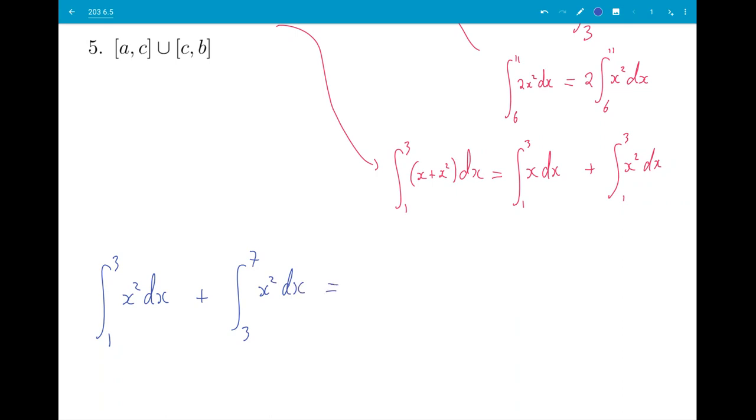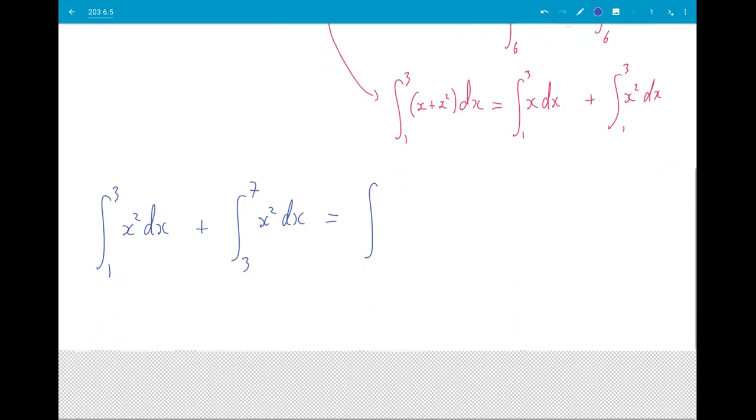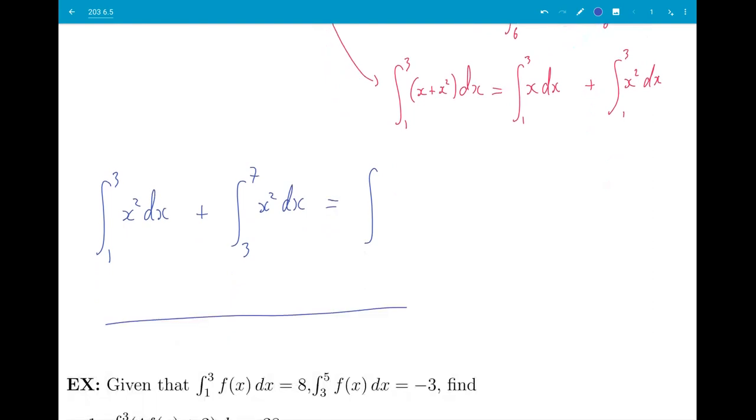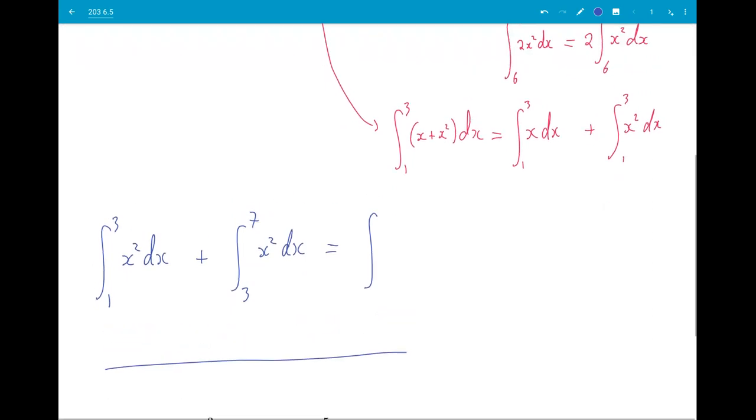You can, if you wish, add these. If you think about it on a number line, you have 1 here, 2, 3 here, 4, 5, 6, 7. The first integral goes from 1 to 3.